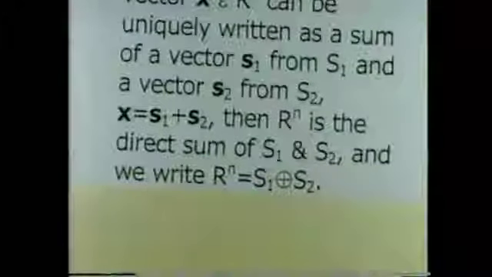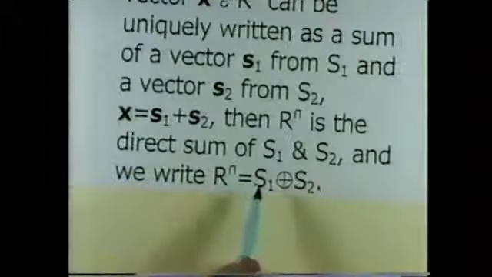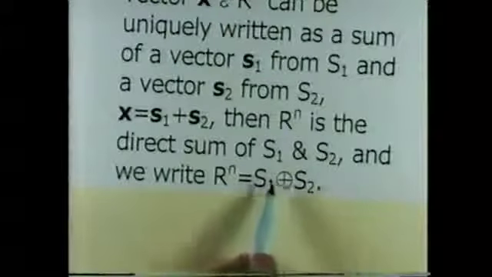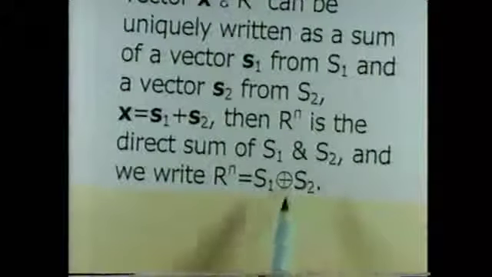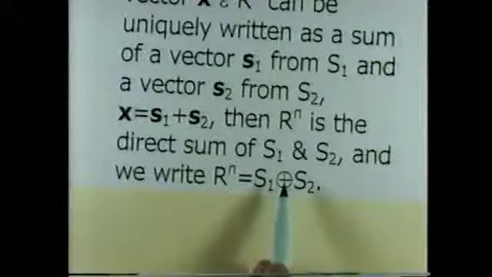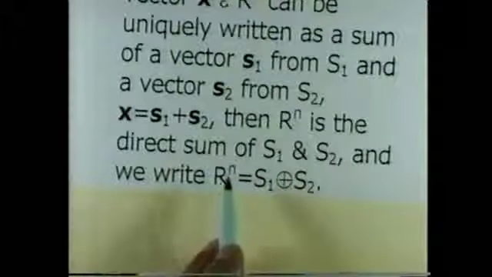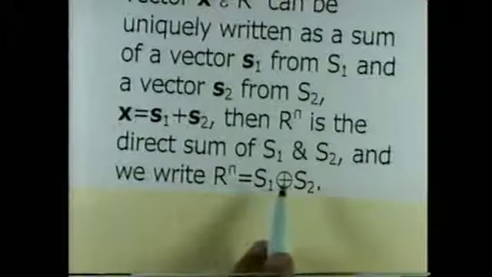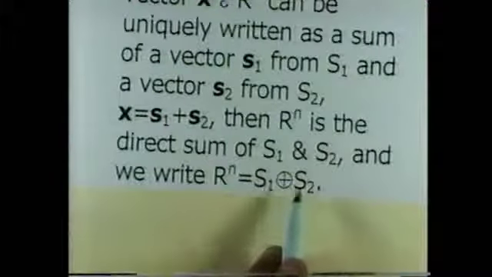And we write that n space is equal to S1 plus, with a circle, S2. Now this should be read the direct sum. So I'd read this as the n space is the direct sum of S1 and S2.